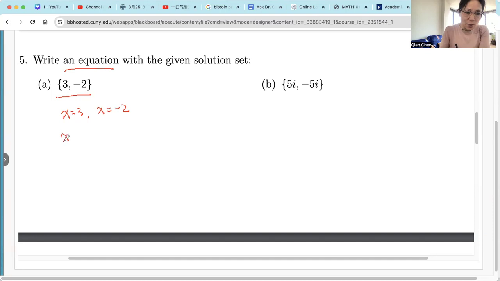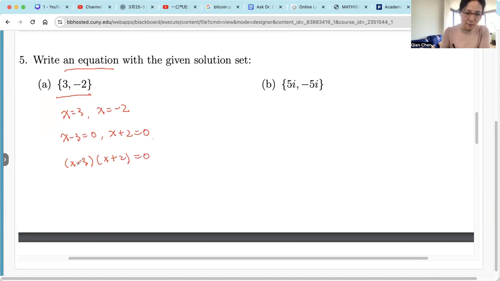We rewrite this as x minus 3 equals 0, and x minus -2 becomes x plus 2 equals 0. Now this is 0, this is 0. 0 multiplied by 0 is 0. So we can write x minus 3, x plus 2 to be 0.